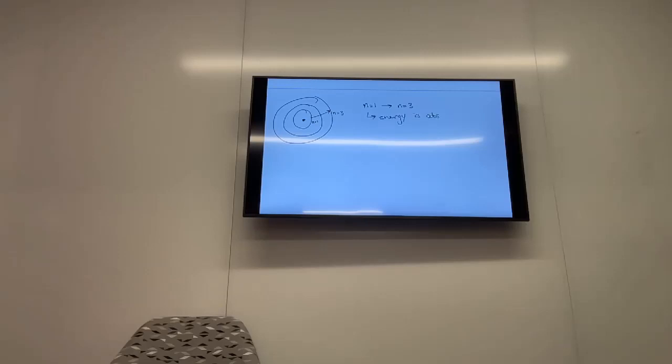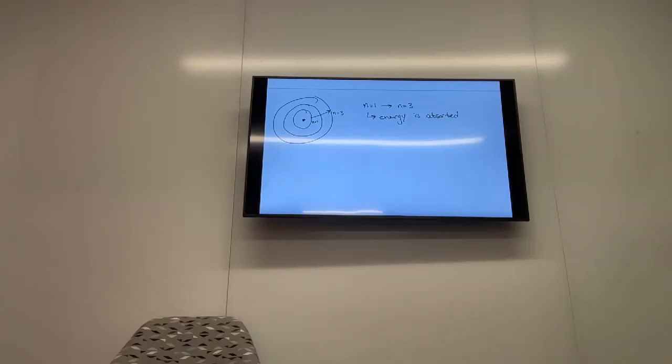So it won't emit any light. This one is like a light was shined onto an atom and it captured that light.